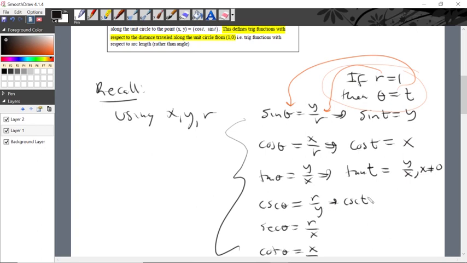The cosecant of theta is r over y, so the cosecant of t would have to be 1 over y, as long as y is not equal to 0. The whole point is that when we use the variable t for arc length, we are saying that r would have to equal 1 simultaneously, because t is the arc length in the unit circle specifically.